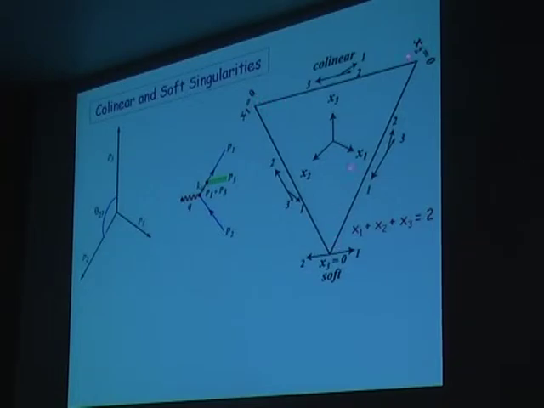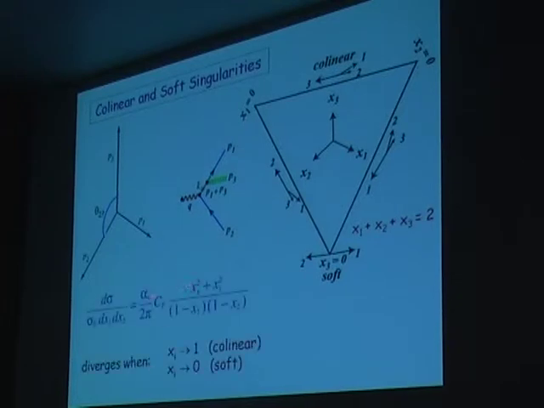So these are the so-called soft regions where the energy of one of the particles becomes close to 0, and the other two would then go back to back. So as indicated here. The thing is, this cross-section formula that you can calculate becomes divergent both when you go to the vertices, which gives you a soft divergence, and if it goes near the boundary here, you get a collinear divergence.